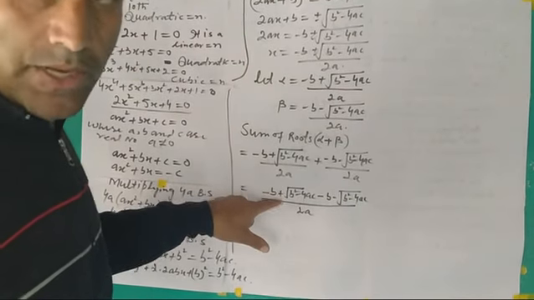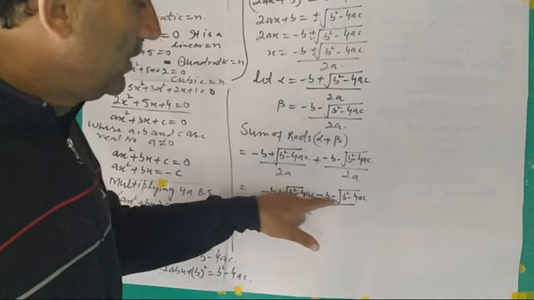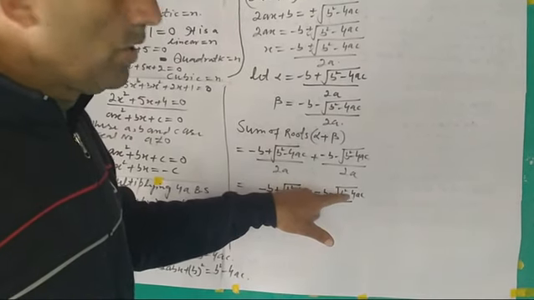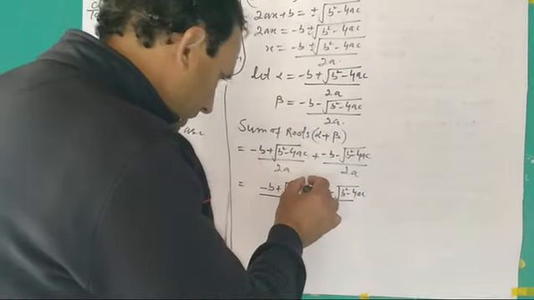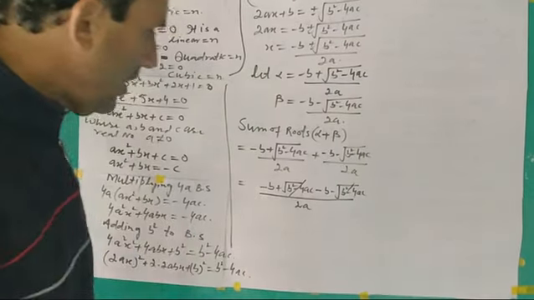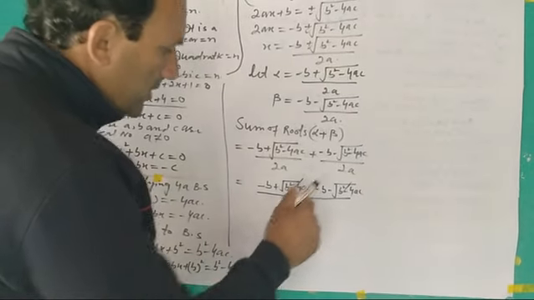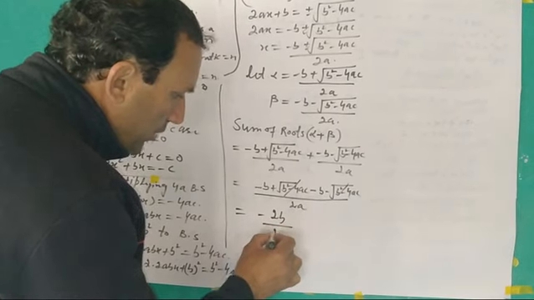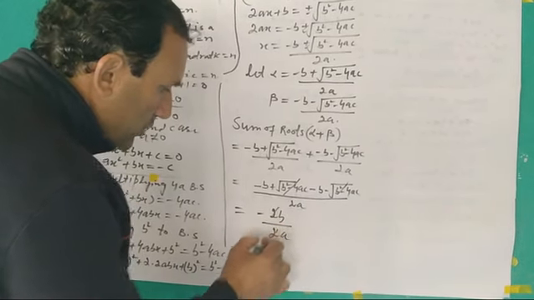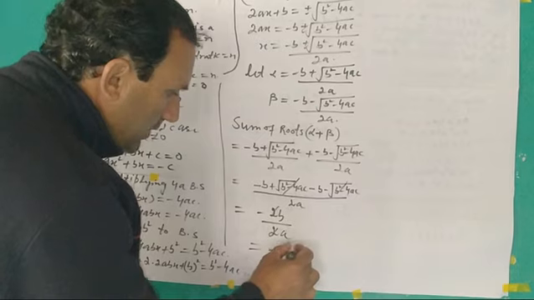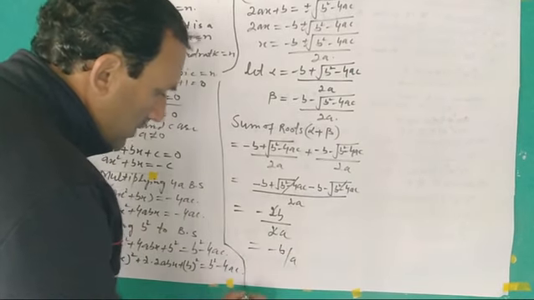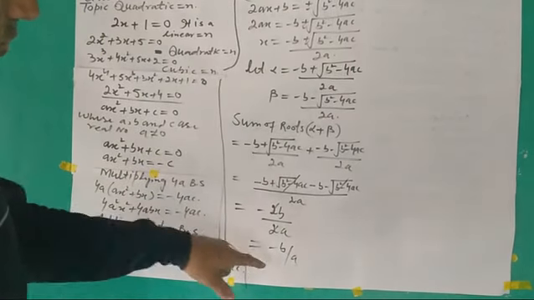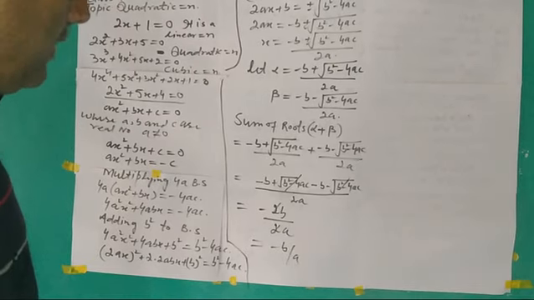This is here plus under root of b square minus 4ac, here it is minus under root of b square minus 4ac. It will cancel. It becomes minus b and minus b, that is minus 2b divided by 2a. This 2 and 2 cancel, it becomes minus b divided by a. So sum of roots is equal to minus b by a.